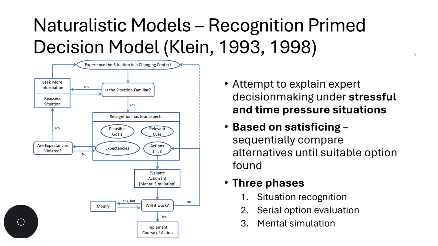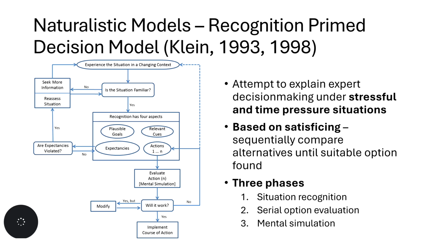And this led to one of the first big ones by Klein, the recognition-primed decision model. This flow chart over here kind of explains how recognition-primed decision models work. It was an attempt to explain expert decision making under stressful and time-pressure situations. And the thing that came about from it was that it was based on satisficing.